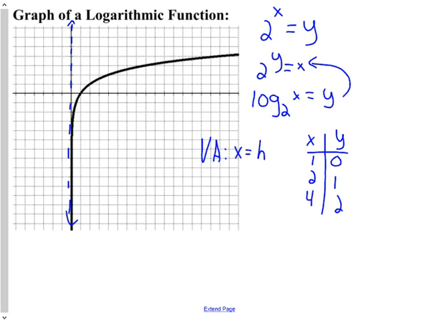And then you're plugging them in. So that's why I generally write it this way, and then deal with the x is multiplied by negative 1. We're going 4 right, 3 up. And again, recognize that your vertical asymptote is x equals h. In this picture, it's 0, but that's because the graph is literally y equals log base 2 of x.